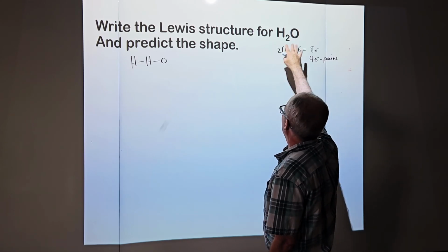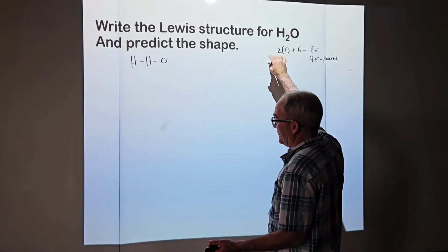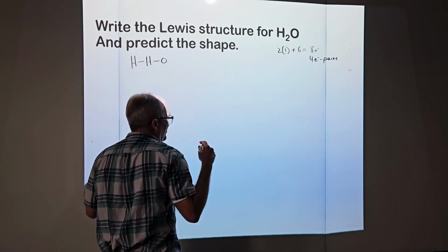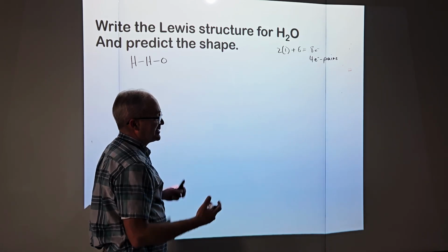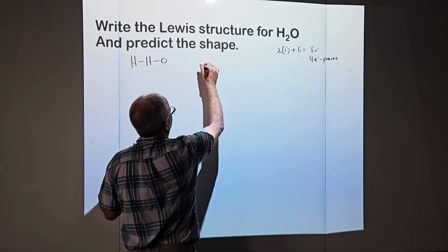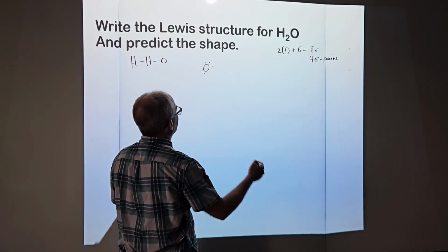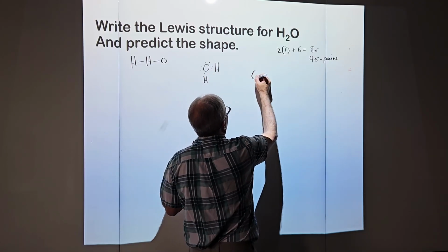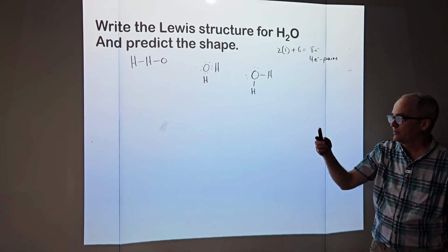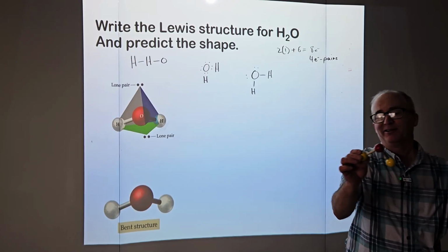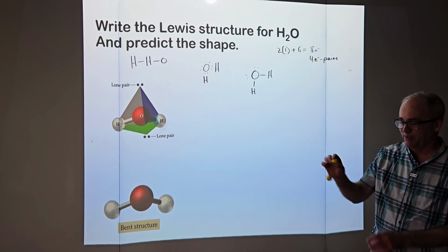So I said generally the central atom is given first, but not always. And we learned that oxygen likes to form 2 bonds because it has 6 valence electrons and can take 2 more on. It kind of makes sense to, there's our 4 pairs. And then of course I like to hook up my hydrogens like that. And you've seen me write water like that quite a bit. There's my show and tell. And looky here, this is how water's depicted.